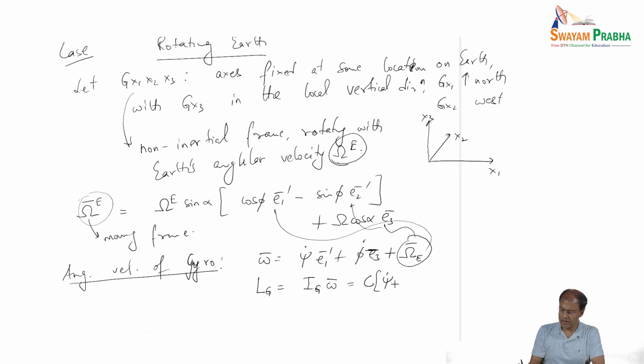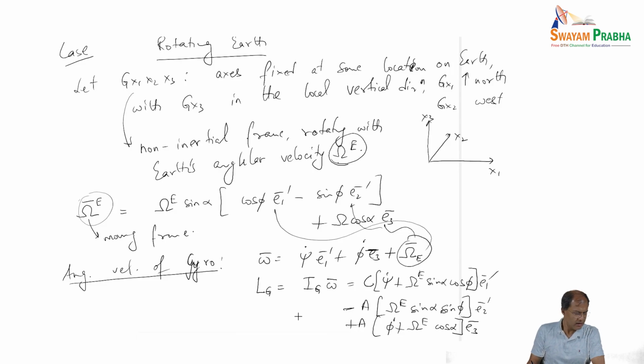Now the E1 prime component will be psi dot plus omega e sine alpha cos phi, E1 prime, minus omega e sine alpha sine phi, E2 prime, and plus A of phi dot plus omega e cos alpha, E3, right?